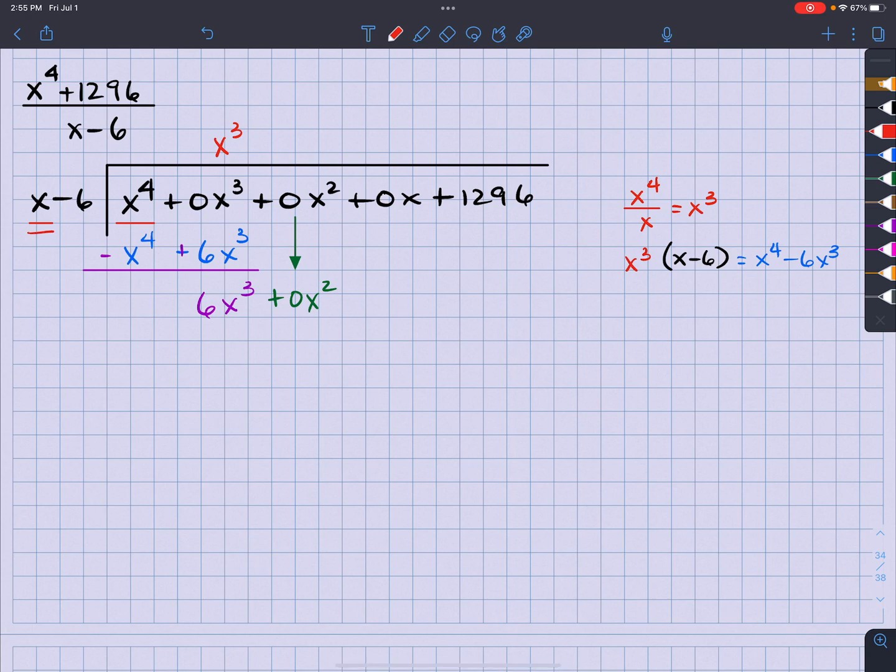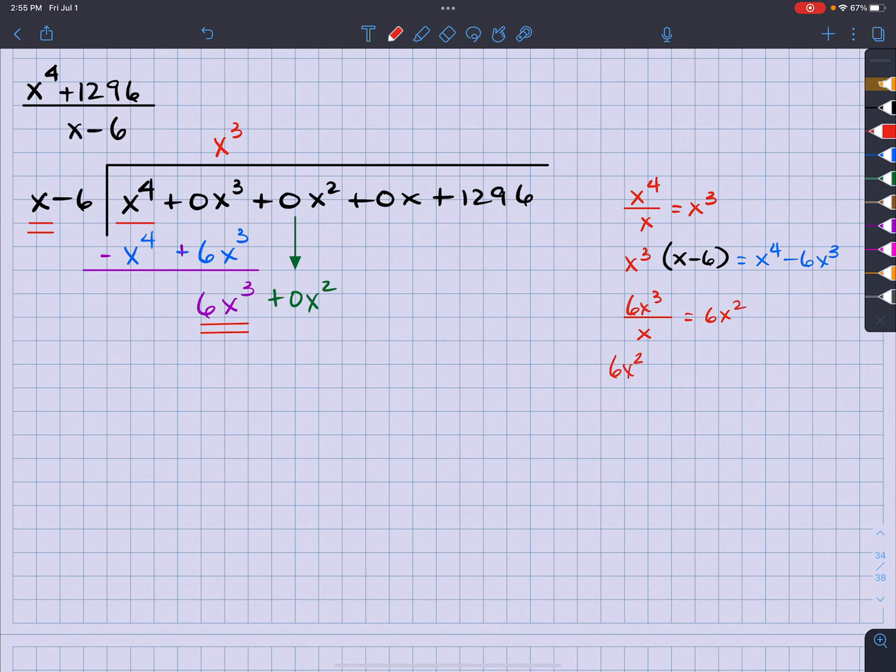How many times does x go into 6x to the 3rd? Over here, 6x to the 3rd divided by x gives 6x squared.